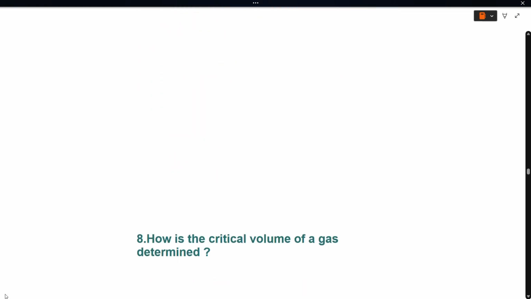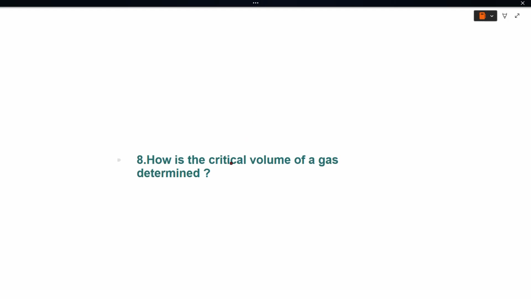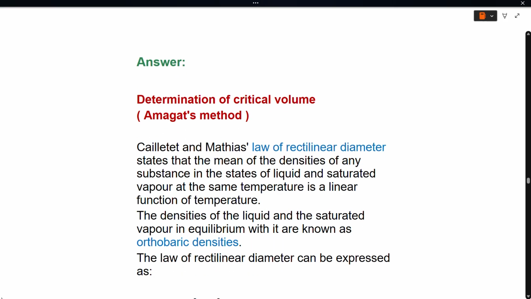Now, let us move on to the next question. How is the critical volume of a gas determined? Determination of critical volume is very difficult, because the critical state is the point at which the gas suddenly gets converted into liquid.